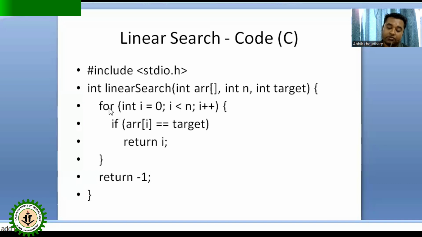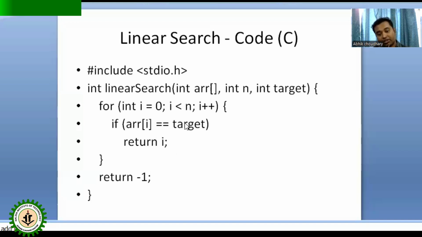So start. We are using a for loop here. We start checking from the first position. That's why we have to initialize i equal to 0, and go till the n minus 1th position. So we check i is less than n, and we use the increment operator i plus plus here. We check: if array[i] is equal to target, means i is 0, array[0] is equal to target, then return 0.